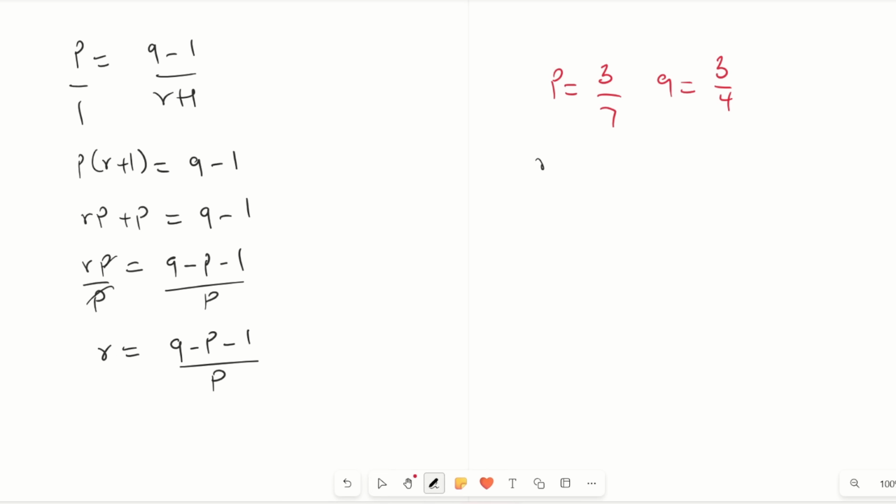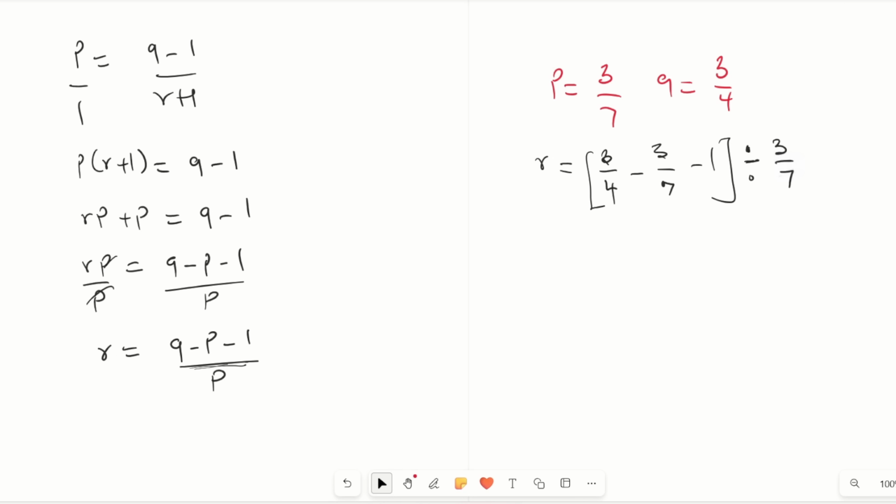So we have R to be equal to (3 over 4 minus 3 over 7 minus 1), all this divided by 3 over 7. We are changing the division sign this way to write it in a more linear form so that it looks easier for us.